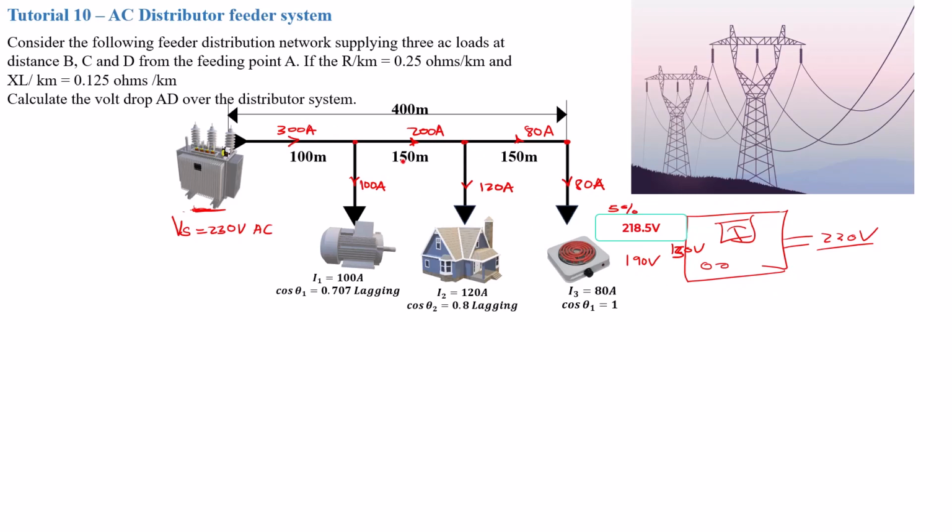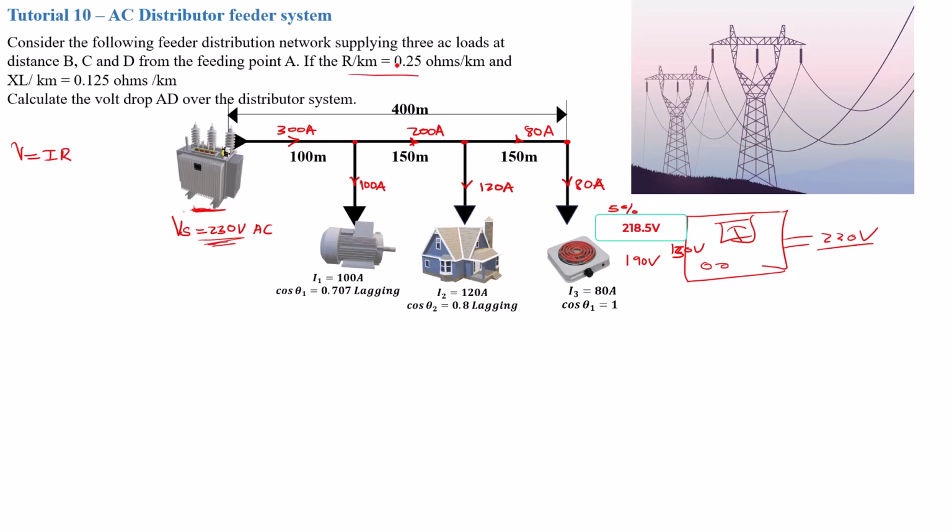How then are we going to find the voltage drop in the system if we don't know what the sending voltage is? Because this is just an illustration. Well, do not worry about that, because a voltage drop is basically V is I times R. You've got your current, you need a resistance. The resistance is given here.